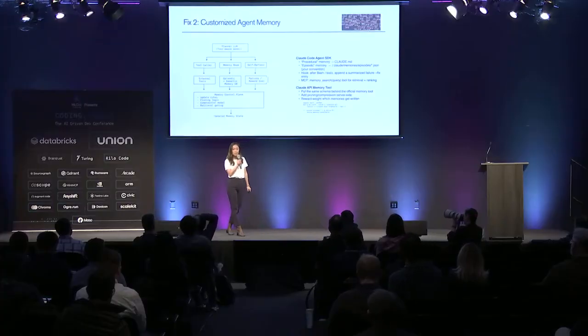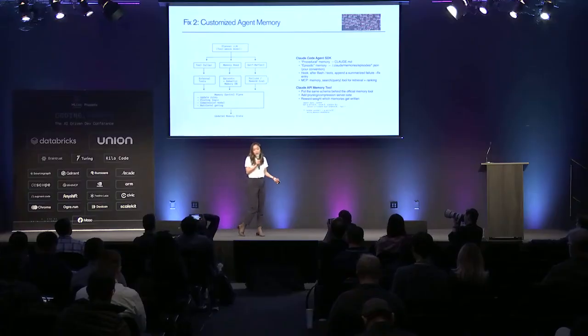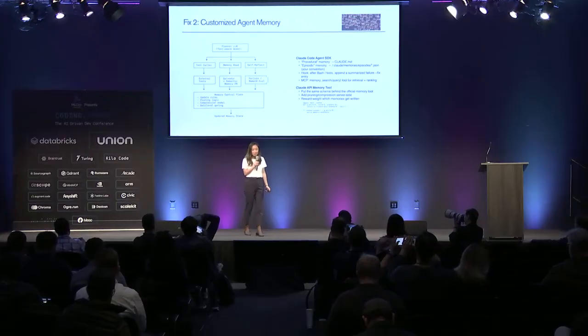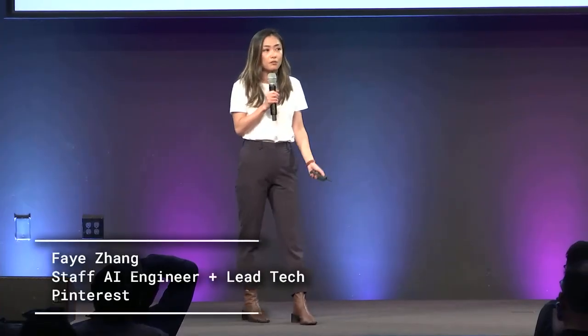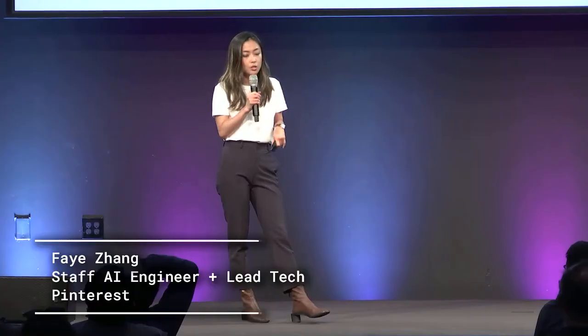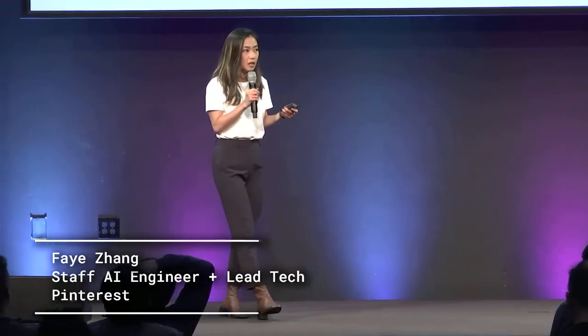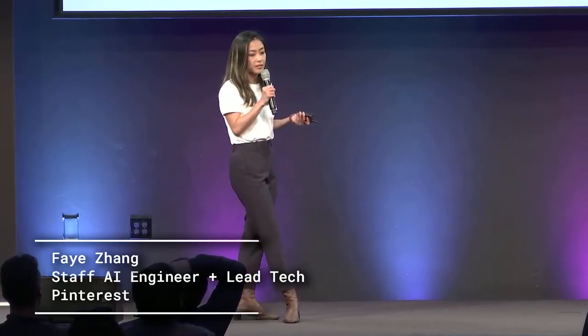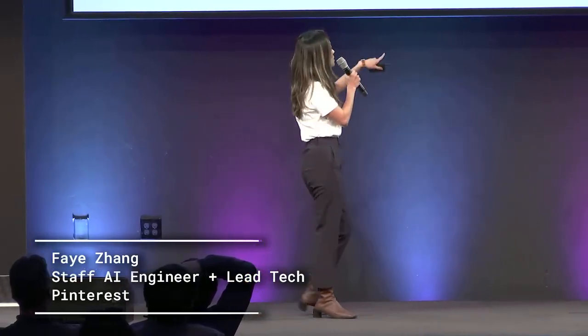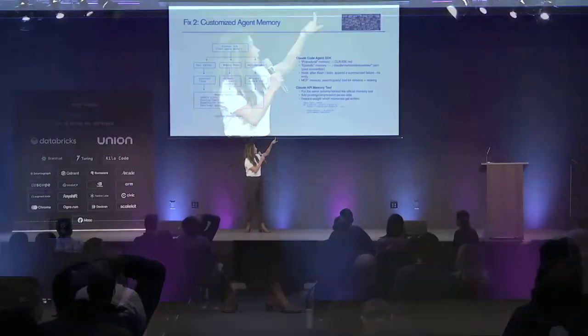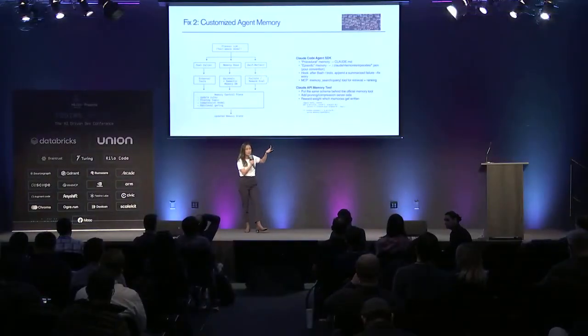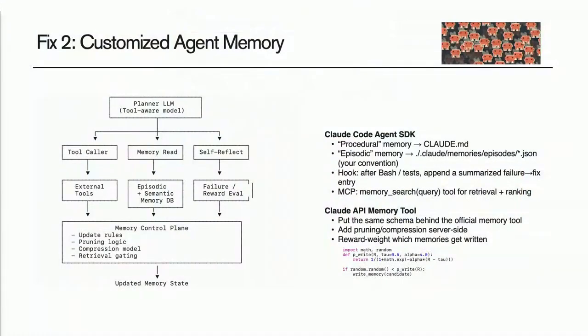Now, tip number 2 is customize your agent memory. We all know how the Claude Code SDK agent memory works, where you have the procedural memory in your MD, and also the episodic memory for each training episode. What we did differently, because not all the training log is helpful for us, is develop our own memory API tool, meaning we add our own pruning and compression logic on the server side to decide what is useful to store.